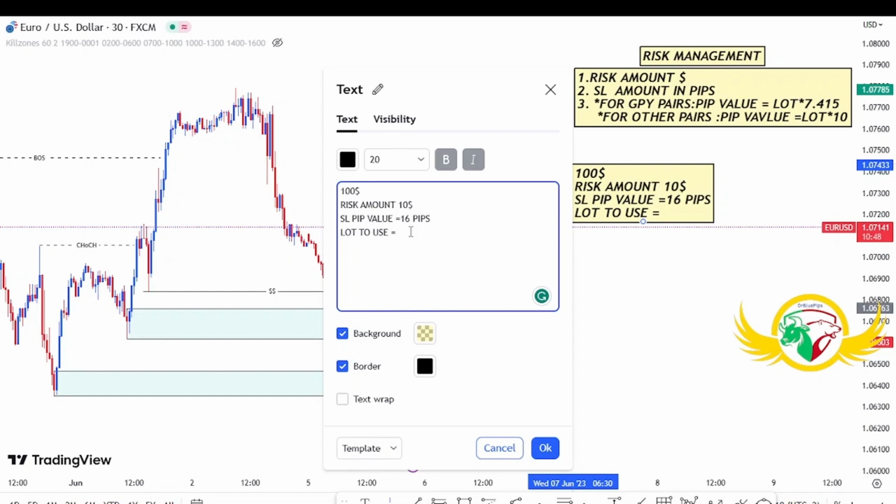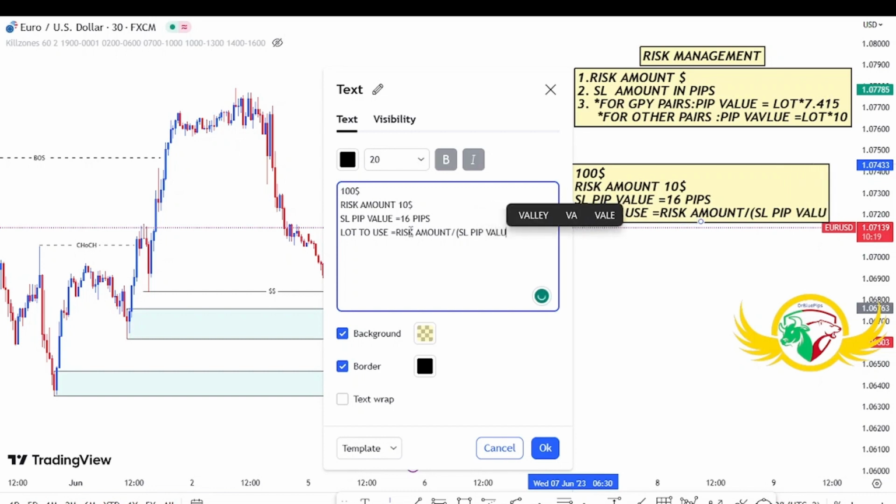So how do you know the lot size? The lot size is: you take the risk amount and divide by the stop loss pip value times 10.